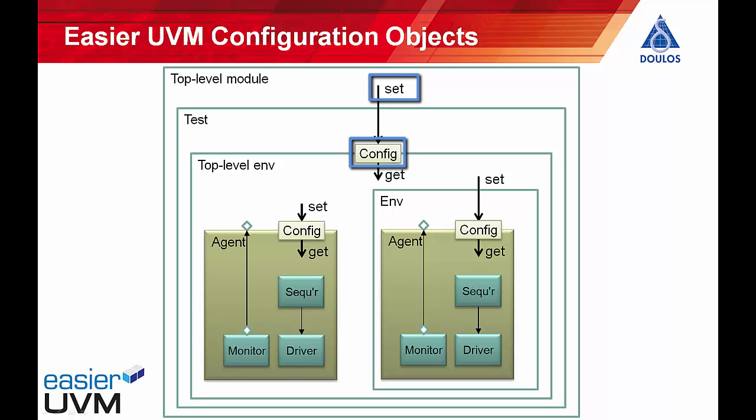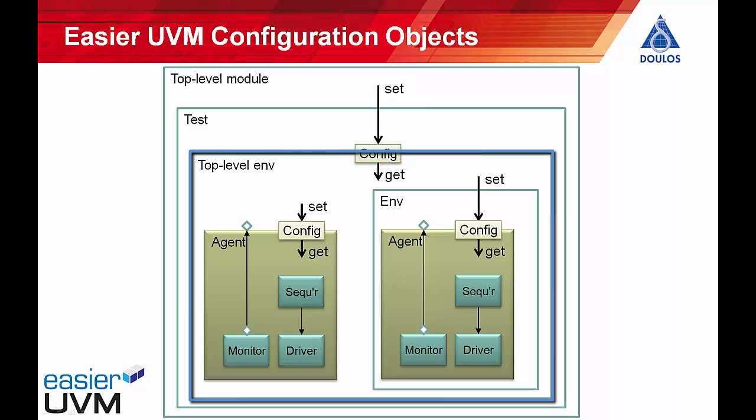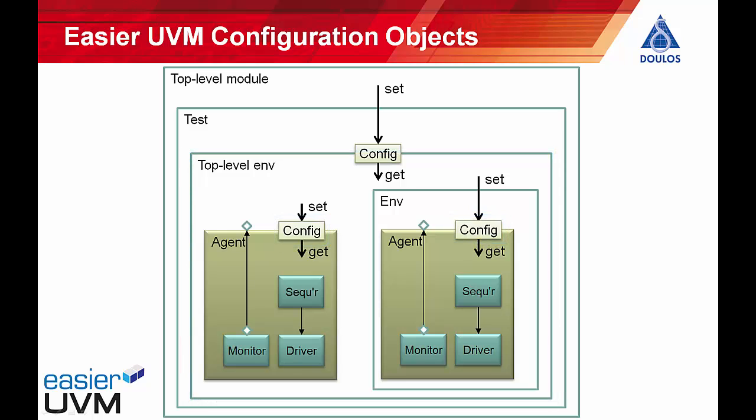So we're going to be seeing our top-level module setting virtual interfaces into the top-level configuration object, and the top-level env then distributes that information around the configuration objects for the individual agents. By taking advantage of UVM and the easier UVM code generator, we can customize the values in these configuration objects in order to parameterize our agents to do whatever we want them to do.